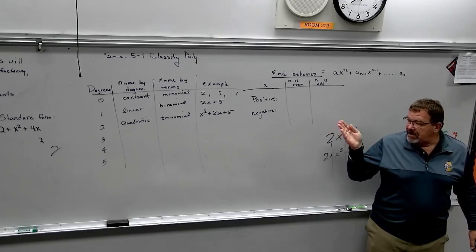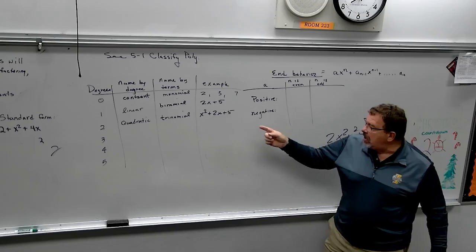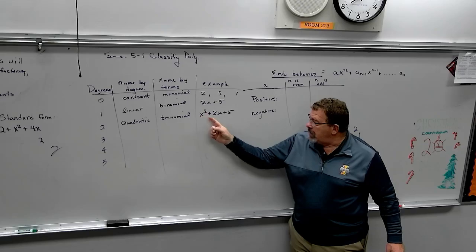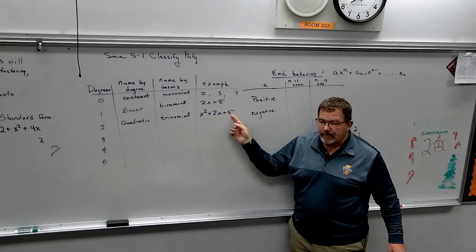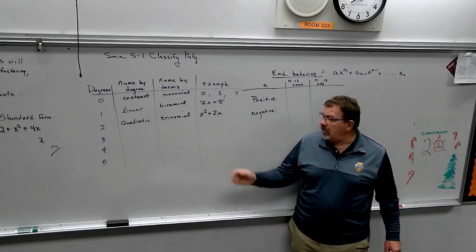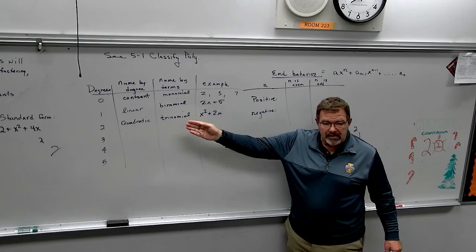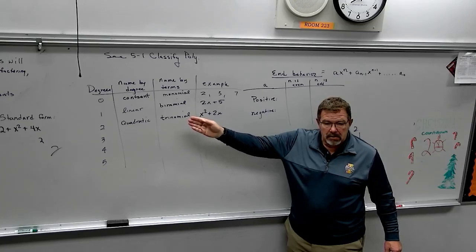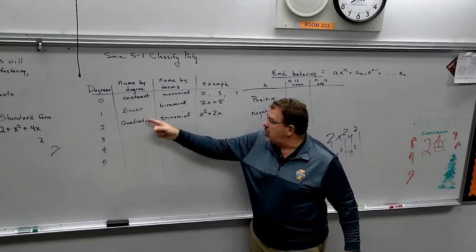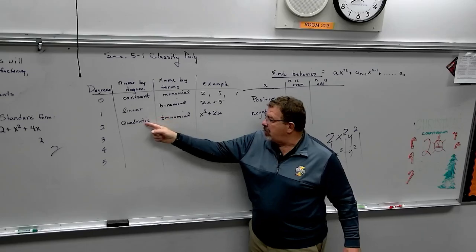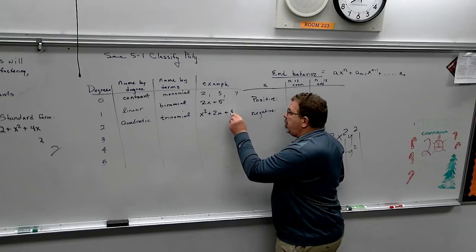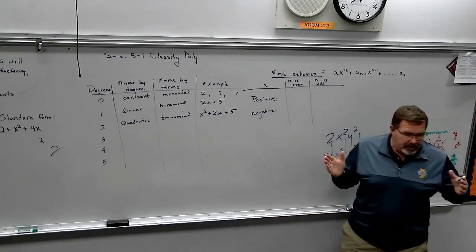So I would call this a trinomial because it has 3 parts to it: x squared, a 2x, and a 5. What would you say now? It would be a binomial, and is it still quadratic? Sure. So notice that I could have a quadratic monomial, a quadratic binomial, or a quadratic trinomial. It depends on how many parts there are.